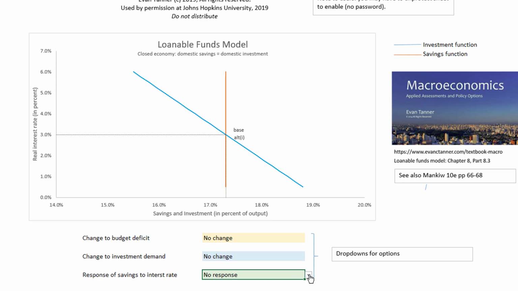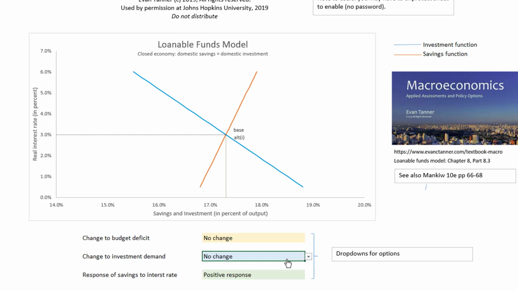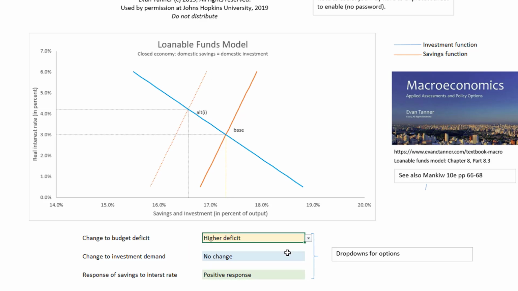Here you can now change the assumption, and this is in your memo. You have either no response or a positive response, and the question you're going to be asked is what happens if you have a higher government budget deficit, because we're taking into account the fact that domestic savings is equal to private savings plus public savings.